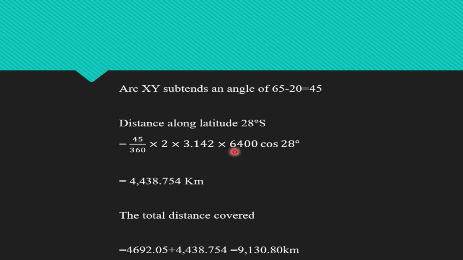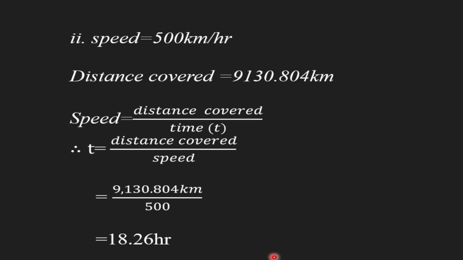You can calculate before you substitute it, and your answer is this. So the total distance covered is the answer for the first one plus the second one, then you are going to get 9,130.80 kilometers.